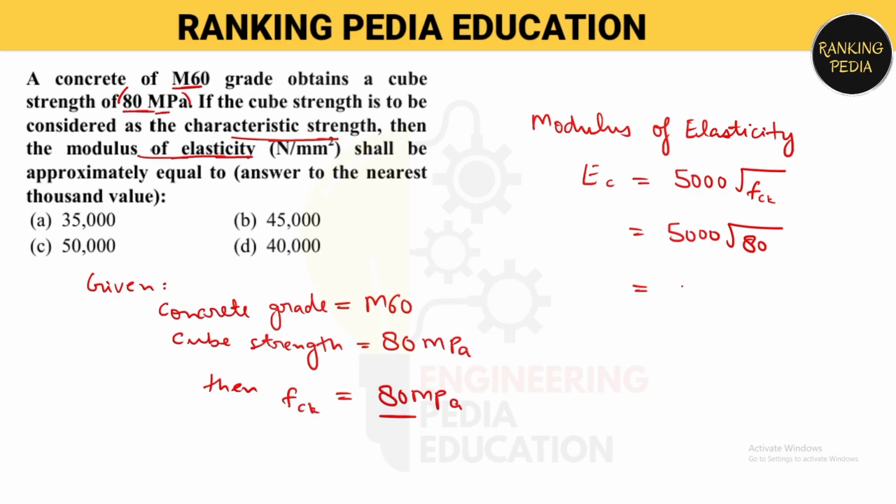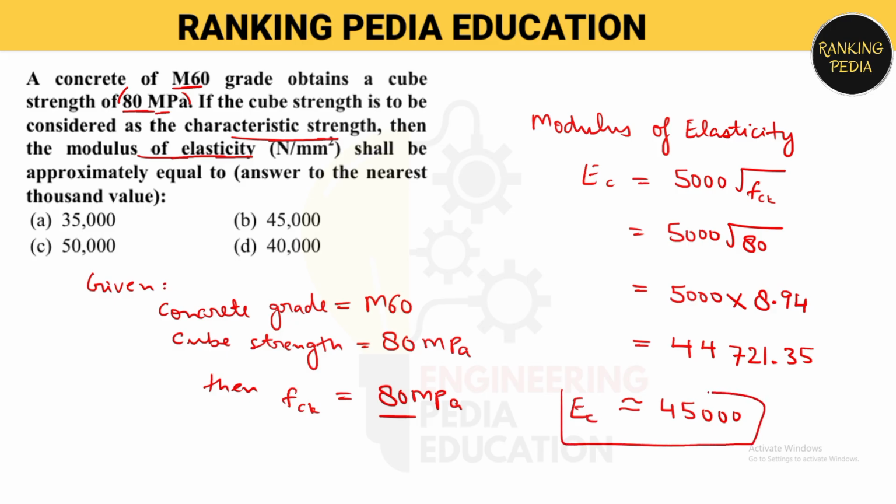You can use a calculator right now. So root 80 is approximately 8.94 something, and after calculating this, you will get the final value, approximately 44,721.35, which is approximately around 45,000. The modulus of elasticity value is around 45,000.